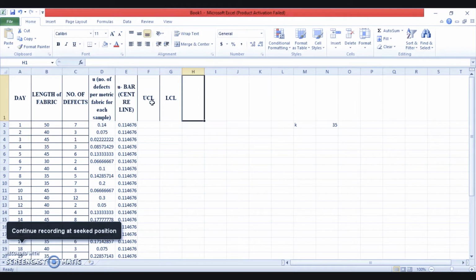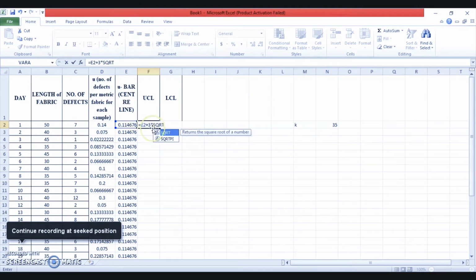For the upper control limit, we have to use the formula for U chart, that is U bar that we just calculated, plus 3 into square root of U bar, this value, divided by your number of defect, right?